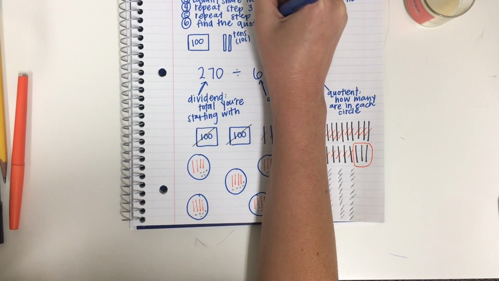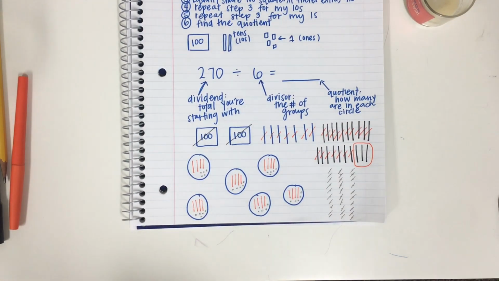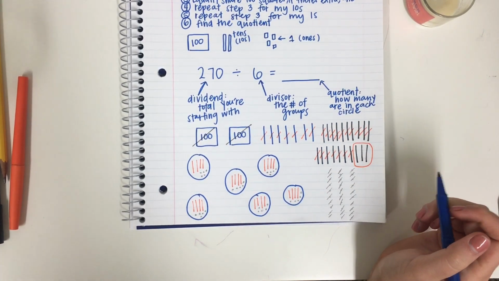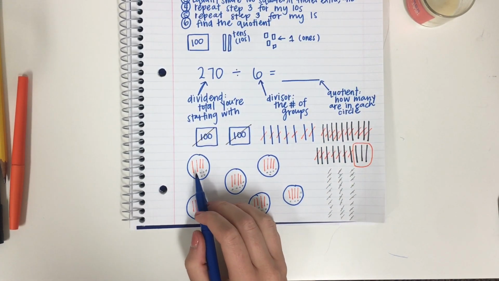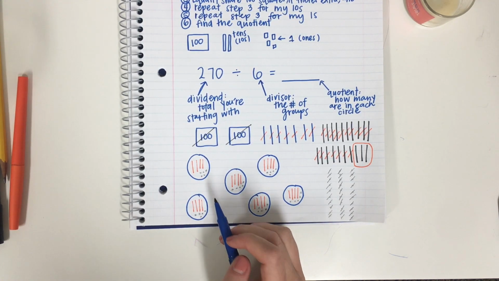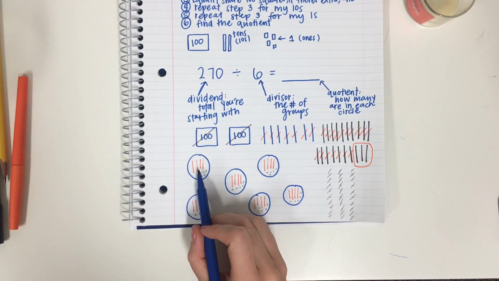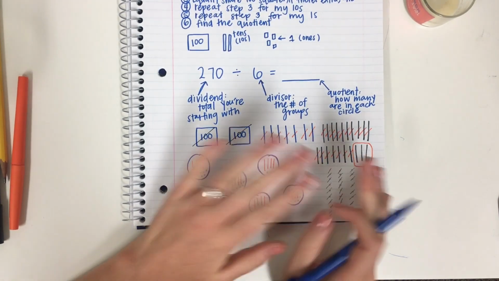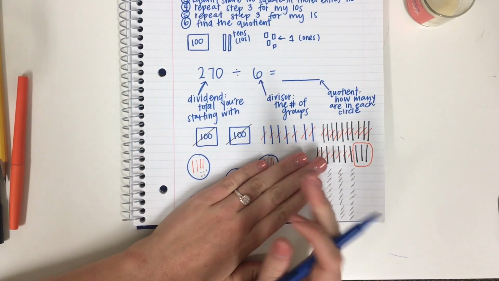Okay, so now we need to find the quotient. So here is how we figure out how many are in each circle. Now we can't just count 1, 2, 3, 4, 5, 6, 7, 8, 9, right? That's not how it works. The rods have different values than the ones. So all I need to do is pick one circle, doesn't matter which, and count.